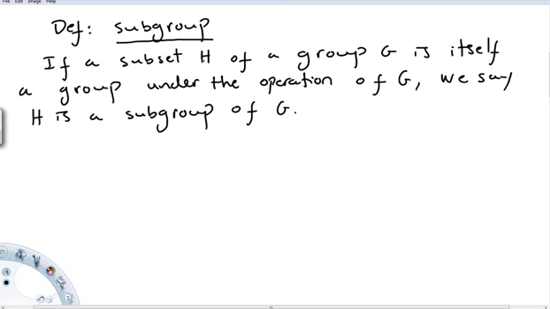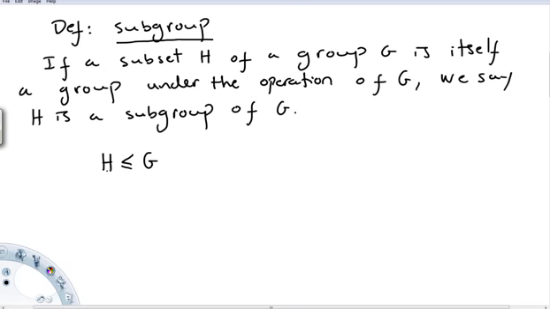If a subset H of a group G is itself a group, like we saw in the previous example, under the same operation of G, we say H is a subgroup of G. Now, usually we write it this way: H is a subgroup of G. Okay, means H is a subgroup of G.